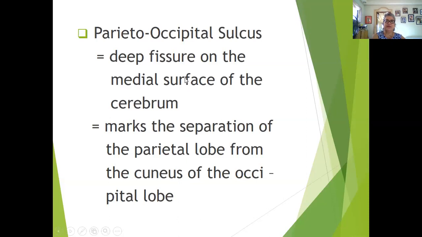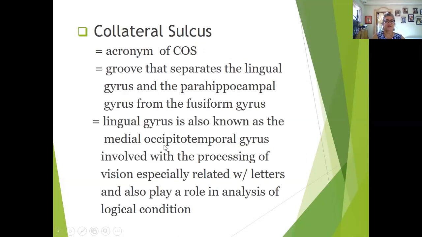So it is only the parieto-occipital sulcus which will clearly delineate and separate the parietal from the occipital lobe, and this is seen on the medial surface, because on the lateral surface, it will take some imagination to separate the parietal from the occipital lobe.